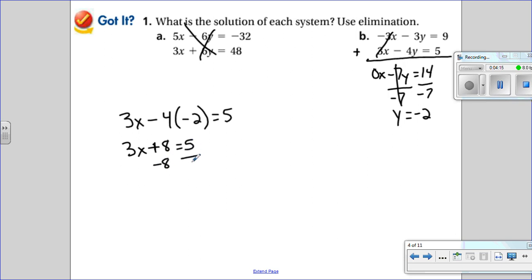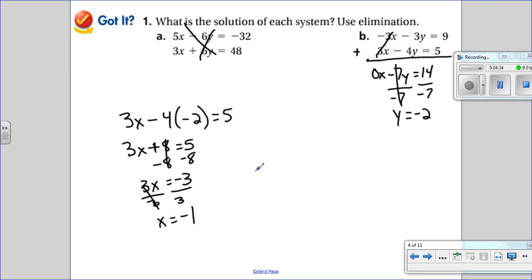Subtract 8. Those cancel, and we get 3x equals negative 3. Divide by 3, and you get x equals negative 1.